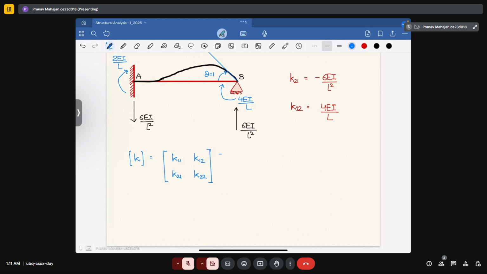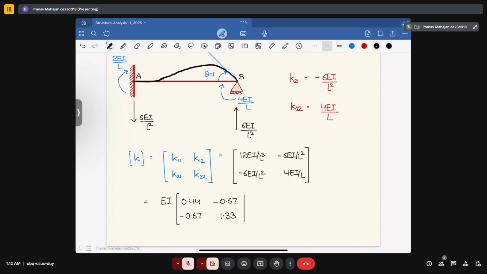okay, and that will be equal to, substituting all the values that we have generated, 12 EI upon L cube, minus 6 EI upon L square, again minus 6 EI upon L square, and finally 4 EI upon L. Now let's substitute the value of L. That will give you one common value, that is EI, and all the rest of the values will become 0.44, minus 0.67, again minus 0.67, and here 1.33.